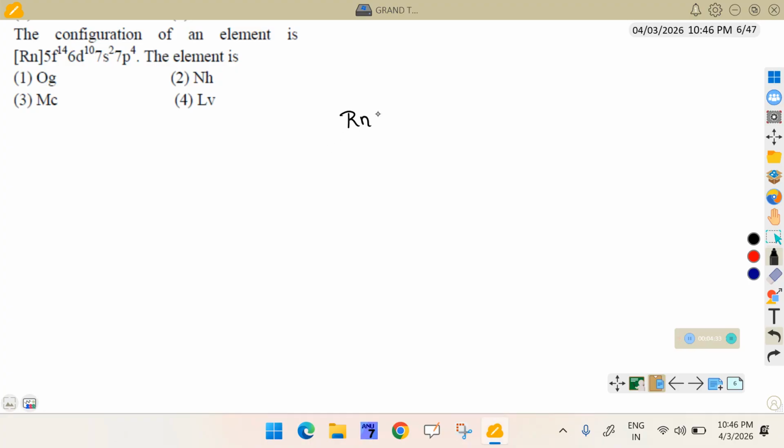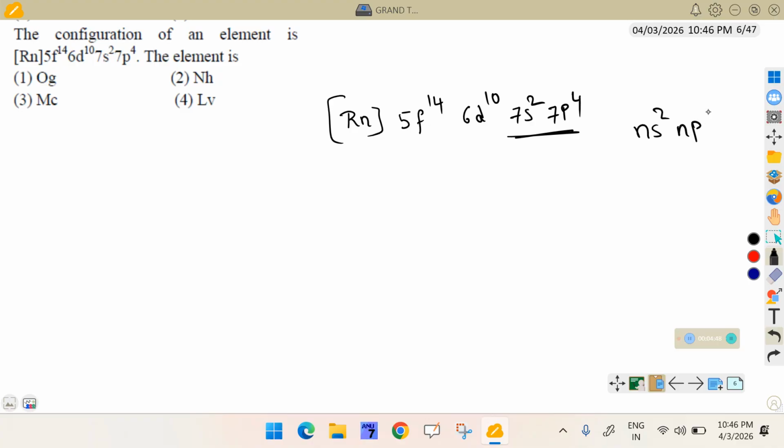Electronic configuration is given as radon 5f14 6d10 7s2 7p4. It looks like ns2 np4.